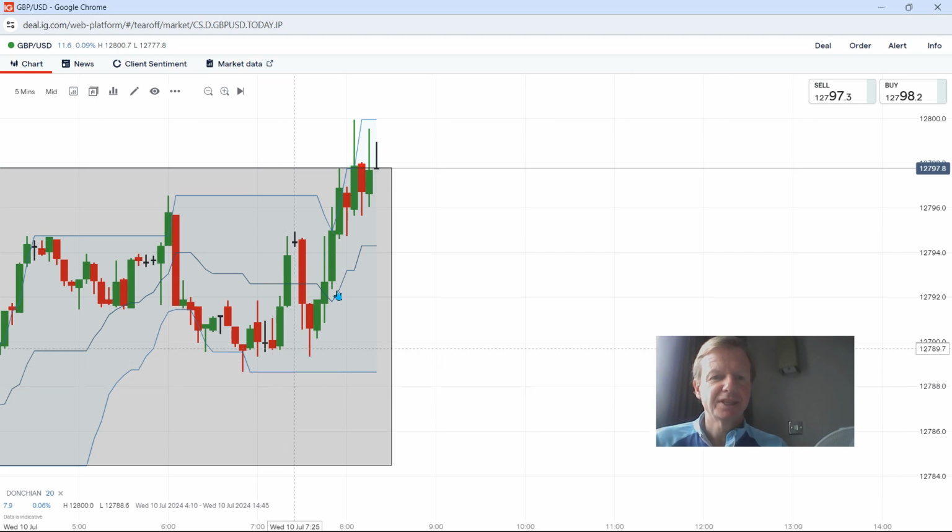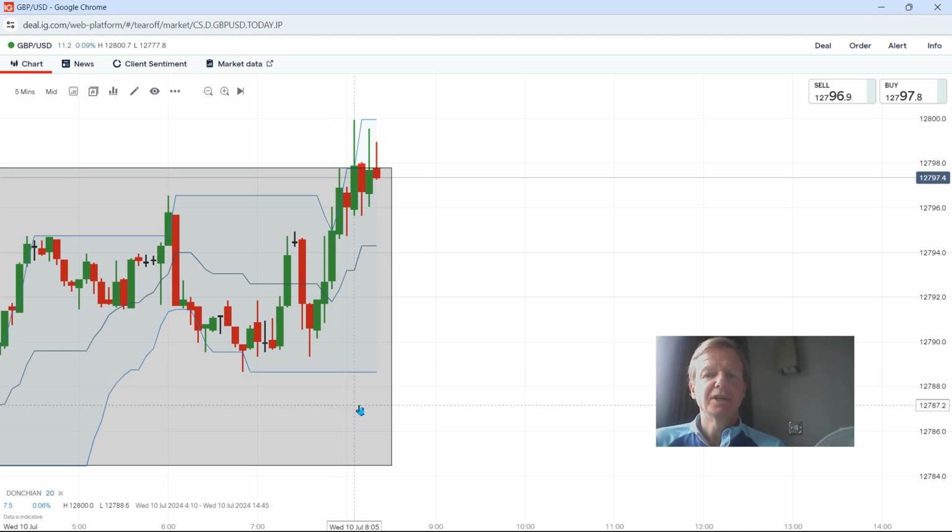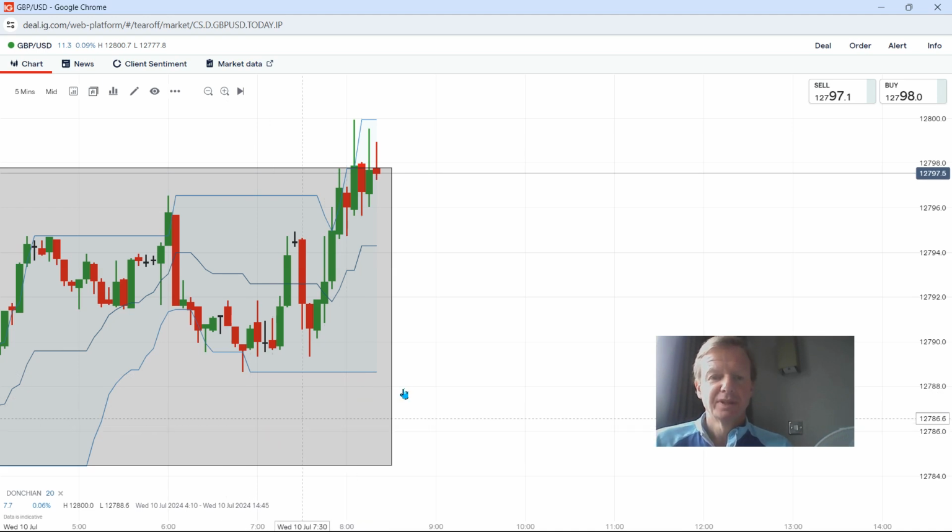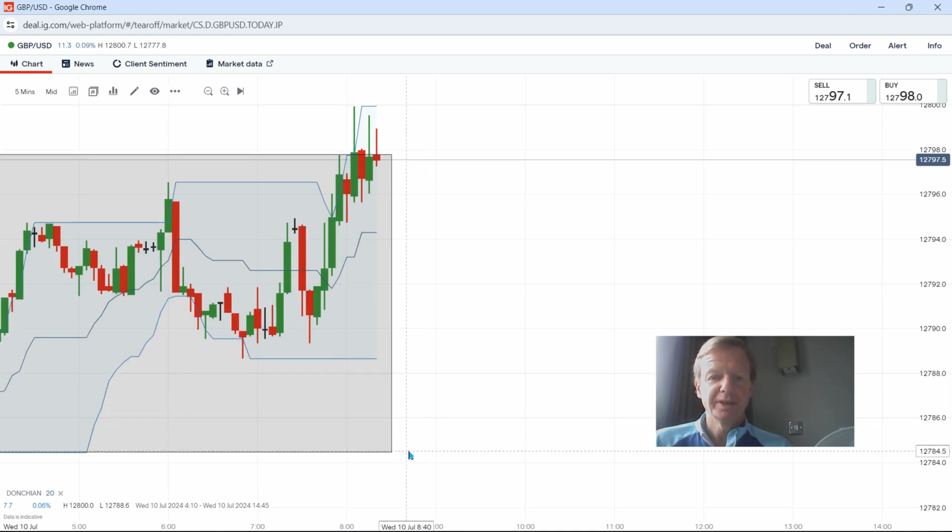If I was going long, this bottom band here acts as a good indication of where to put your stop. I'm not going to put the stop there. I'll put the stop based on my 15 pips, but a trailing stop, so it moves in my direction. I set it at 5, so it moves up 5, which does cut my losses, but normally a 15 stop and then go for 20.